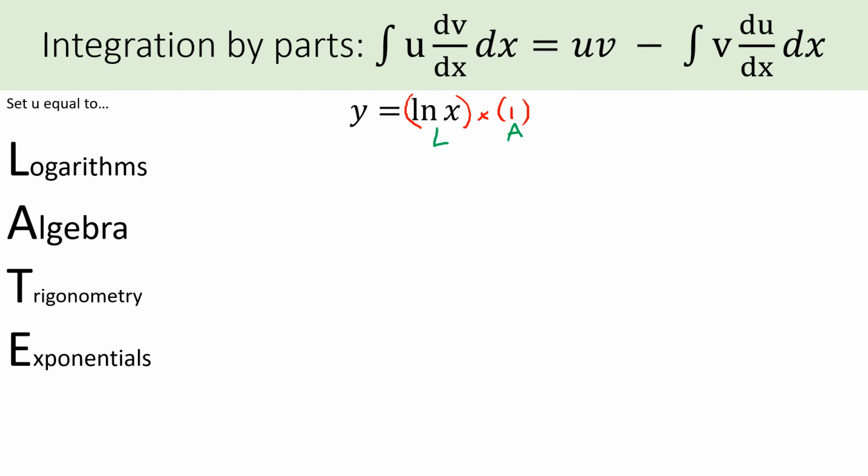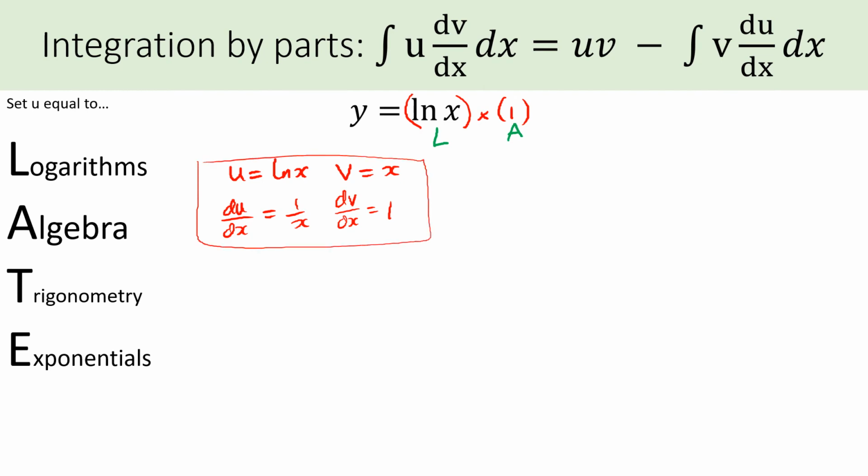So in this case, we go, okay, so u is equal to ln x, dv is equal to 1, and we'll differentiate. Ln x goes to 1 over x, and dv integrates up to x. Then we can sub them into our formula. So uv would be x ln x, so this is the integral of y we're finding.